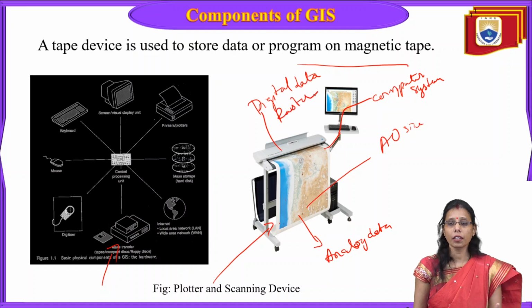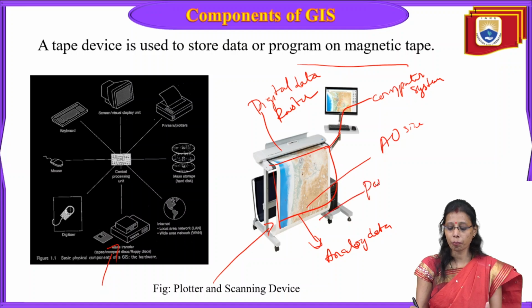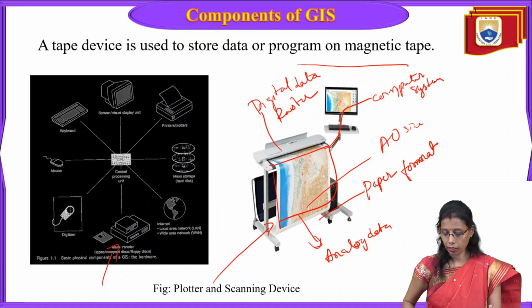So this raster data can be used in your computer system. You can see this is the map in analog form, in paper format. When this paper format map is scanned, it can be viewed in the computer system. So the same map is viewed in the computer system. This is how the hardware works in a GIS setup.